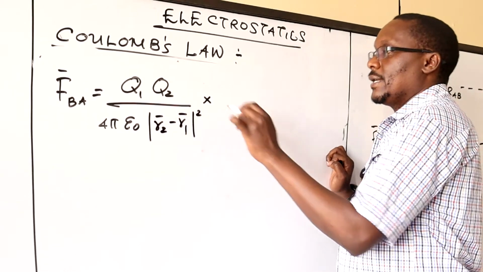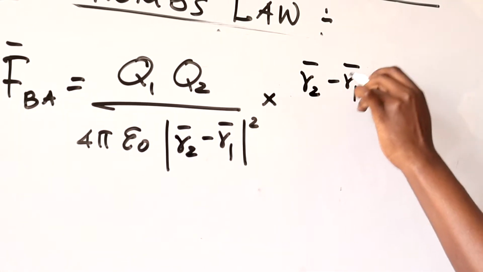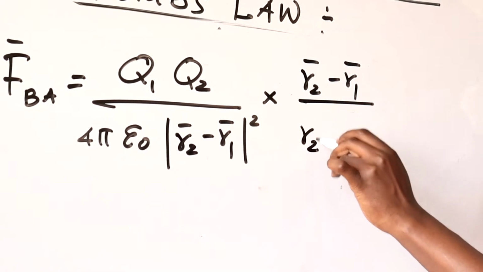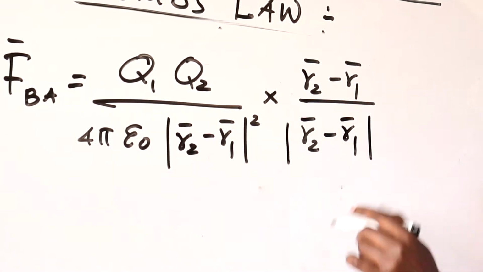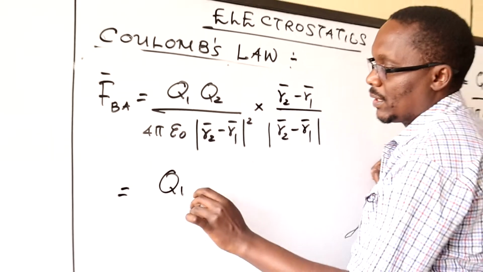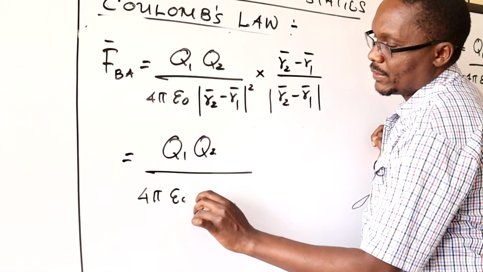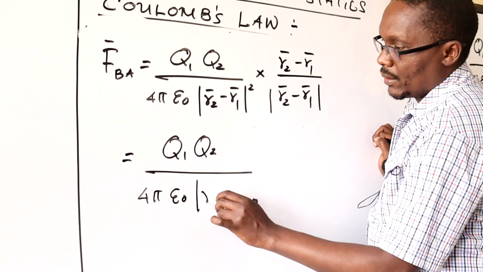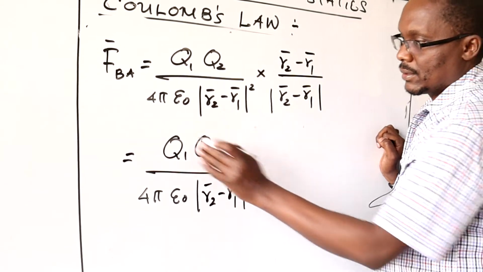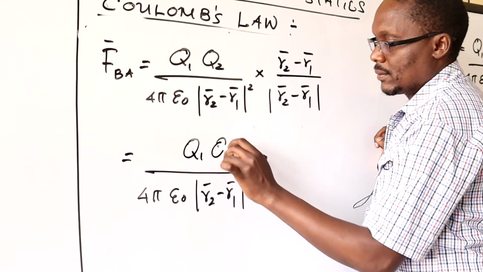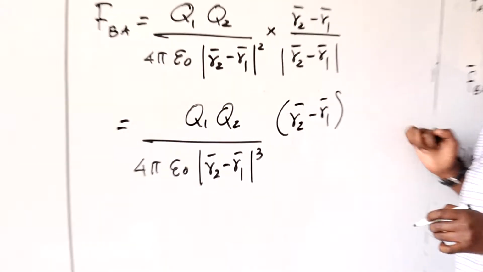Then we multiply by its unit vector, which we've agreed is R2 bar minus R1 bar all over the magnitude of R2 bar minus R1 bar, like so. If we combine these together, this will give us Q1 Q2 all over 4 pi epsilon naught, the magnitude of R2 bar minus R1 bar cubed at the center, then times R2 bar minus R1 bar, like so.